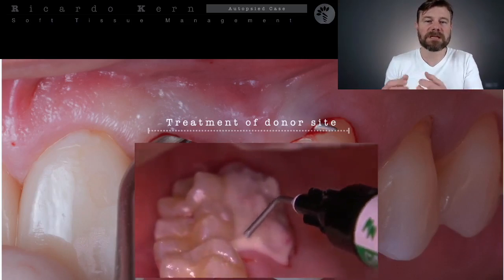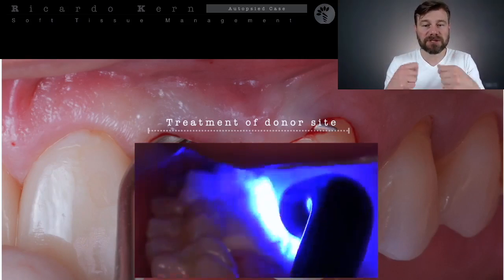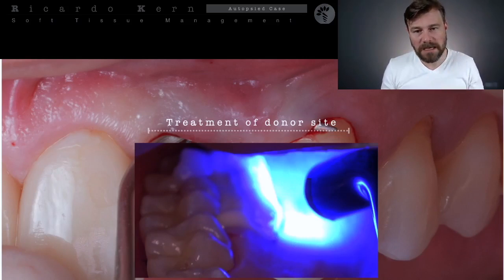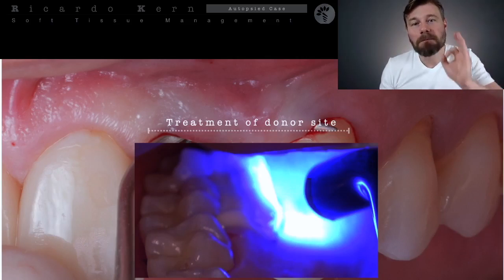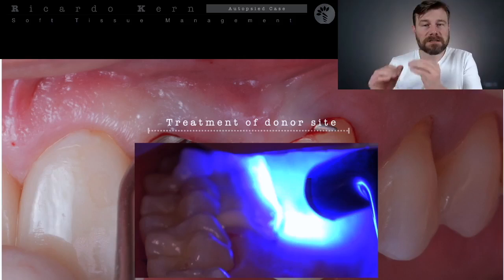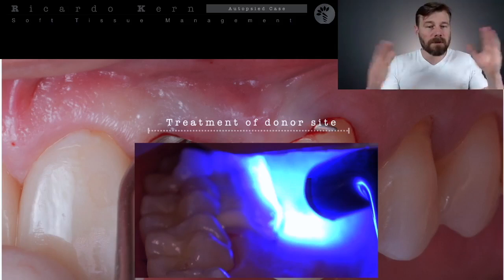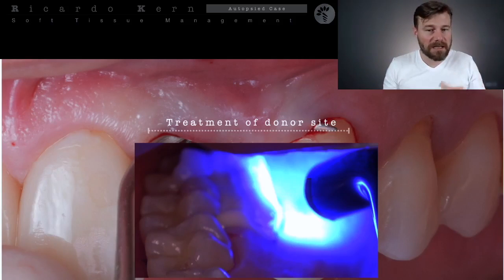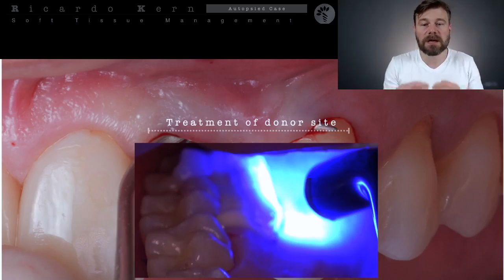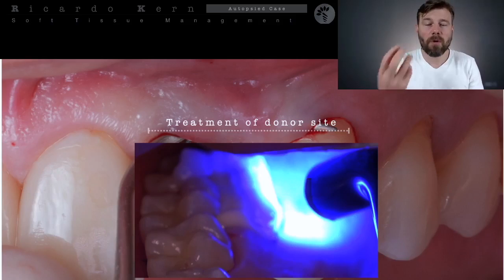The flowable resin can be attached to the sutures. Sometimes the flowable resin can be bonded on the cervical margin of the crowns, and this is by far the best way that I have been treating the donor site for years. I have tried everything different, and nowadays what gives my patients the best post-op comfort is exactly what we are showing here.